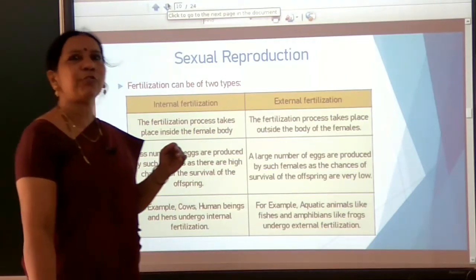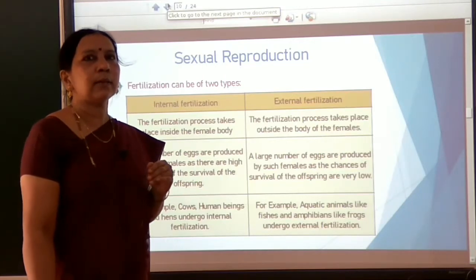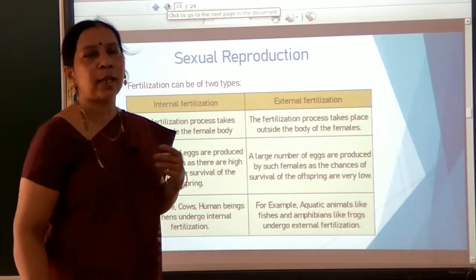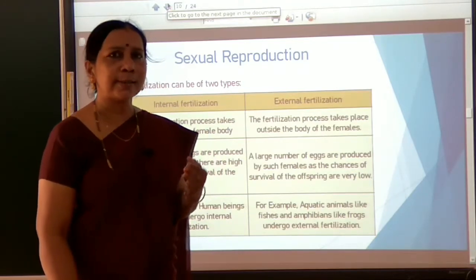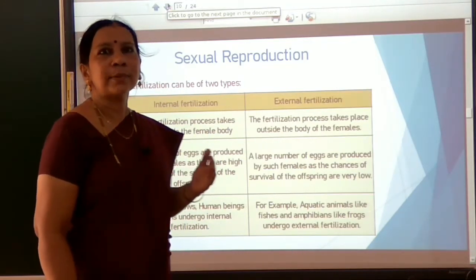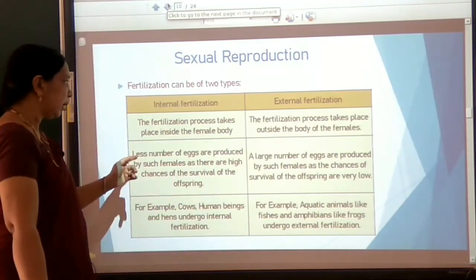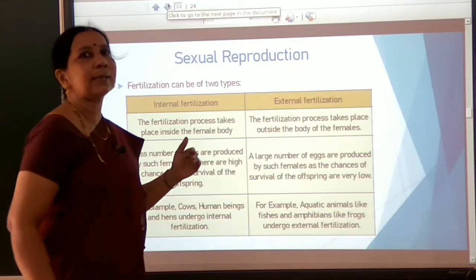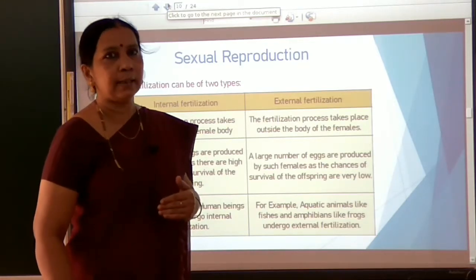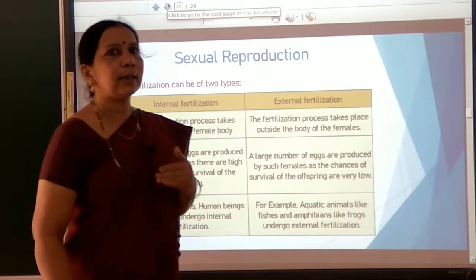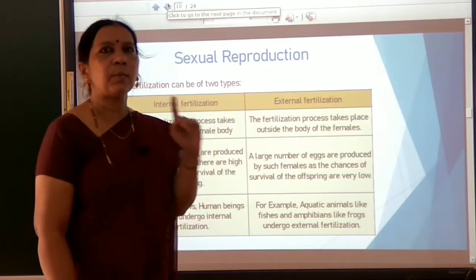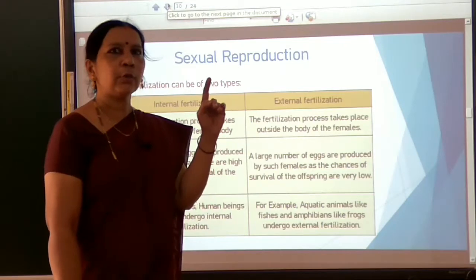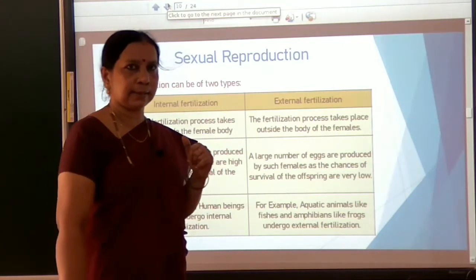And what other difference is there between internal and external fertilization? Internal fertilization has an advantage because here the survival chance is more. One more difference is that a smaller number of eggs are produced by females which undergo internal fertilization. Consider human beings: only one egg is released monthly.